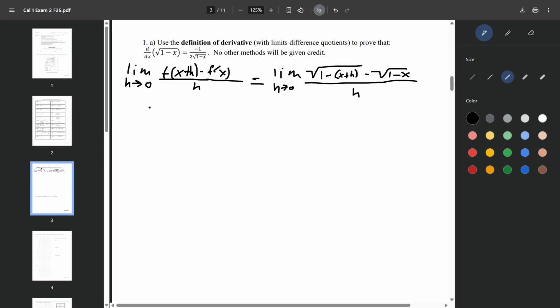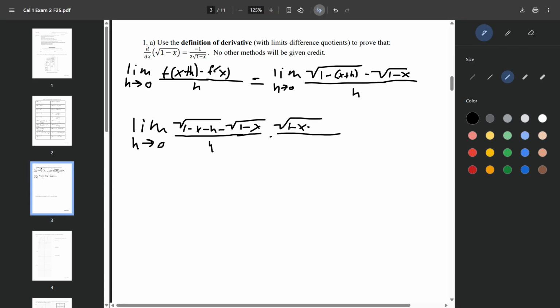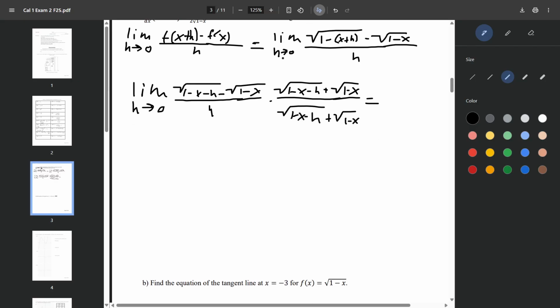So we're going to be multiplying by the limit of h approaching 0 of root 1 minus x minus h minus root 1 minus x over h, times root 1 minus x minus h plus root 1 minus x, over itself. That right there will give us, let's see.